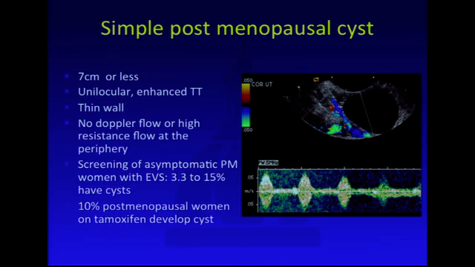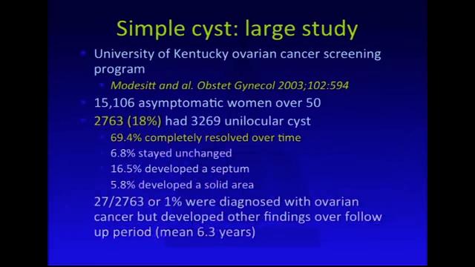Several literature papers have shown that when you screen asymptomatic postmenopausal women with endovaginal ultrasound, about 3 to 15% will have these incidentally detected cysts, and among women on tamoxifen, about 10% will develop a cyst as well. So this was a large study from the Kentucky ovarian screening program that looked at over 15,000 asymptomatic women.